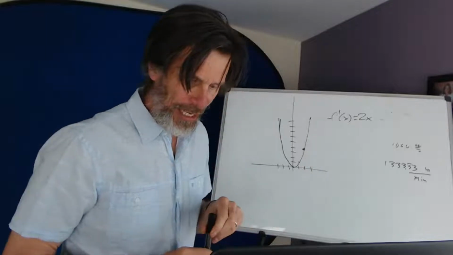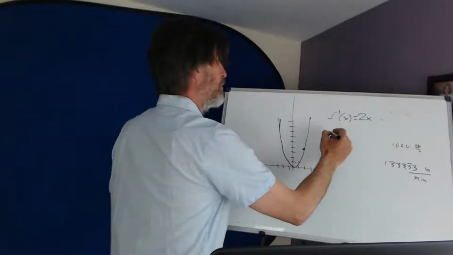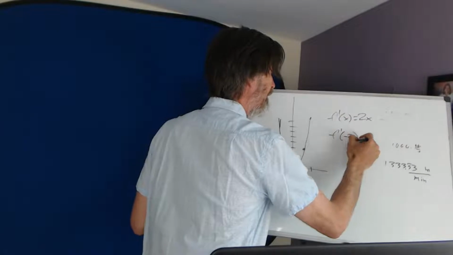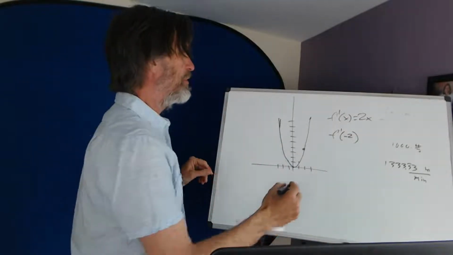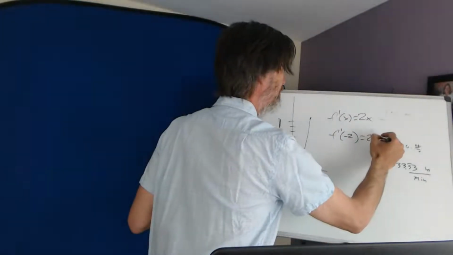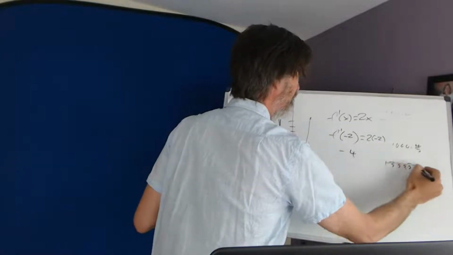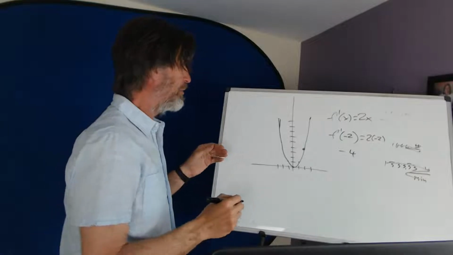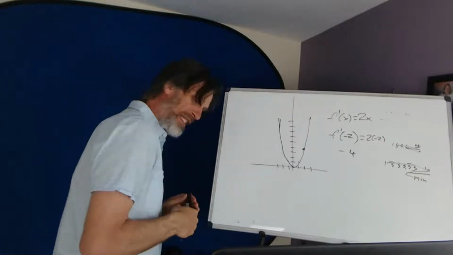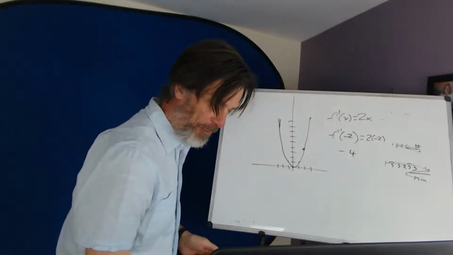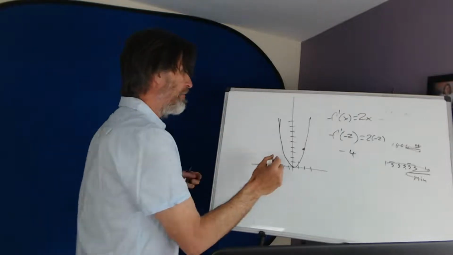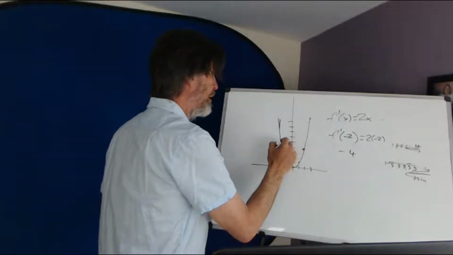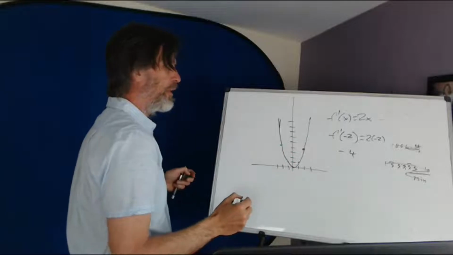Draw the tangent line at x equals -2. So if I calculate f prime of -2, that's the slope at -2. That's 2 times -2, that's -4. So here's how I'm going to draw the graph of the tangent line. First off, I'm going to locate the point on the graph. Here it is, -2, 4.